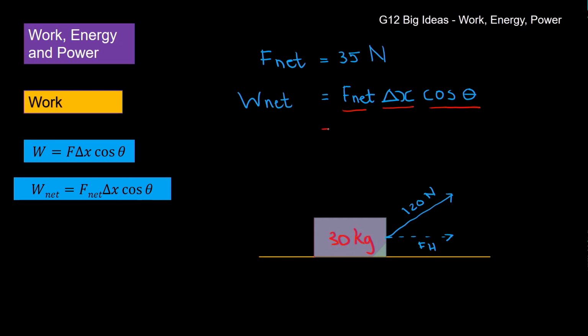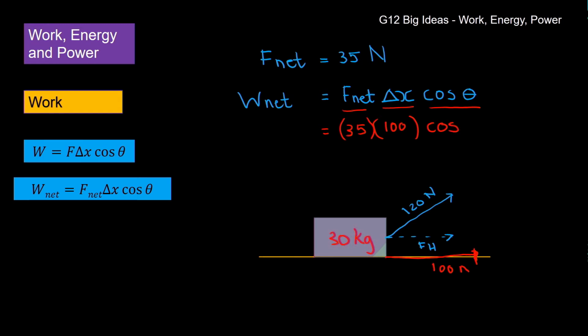So we've already calculated what the net force is. It's 35 newtons. We know what the change in displacement is. It's been given to us, it was 100 meters, remember? So we're going to put in there 100 meters. Now we need to cos the theta.